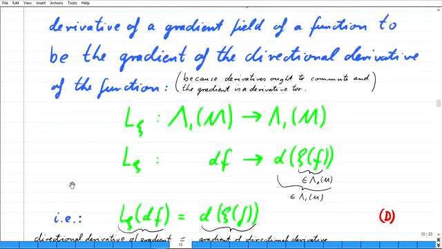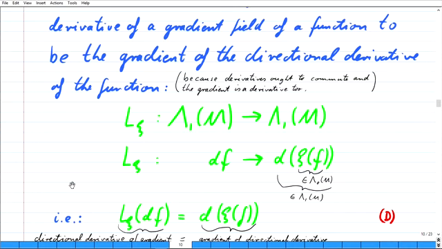So we are saying that the Lie derivative is mapping a gradient into the directional derivative of the function, and then the exterior derivative applied to that. So here we have gradient, and then apply the directional derivative, and here we have it the other way around. First apply the directional derivative, and then do the gradient.